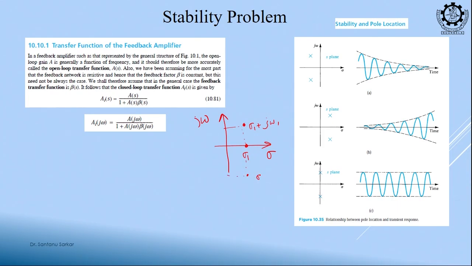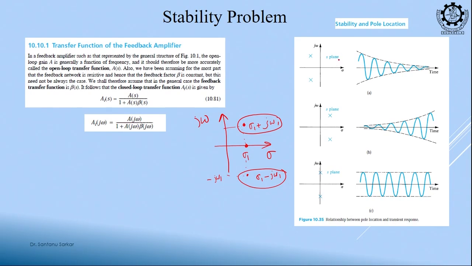So, this will be sigma 1 minus j omega 1, clear. So, this point and this point, what can you conclude? Their real values are the same, imaginary values are complementary. So, this is a complex conjugate, right.